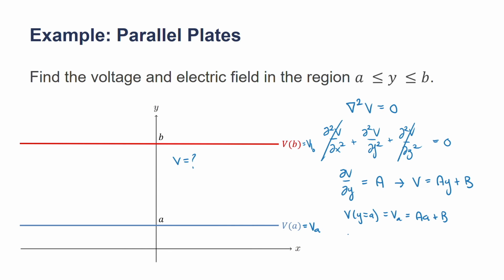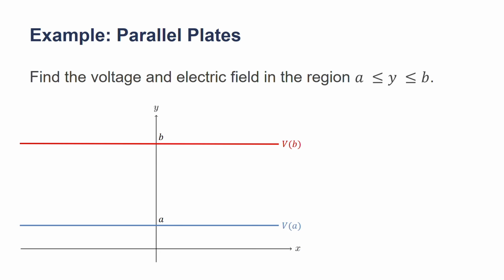But we also know that if we evaluate the voltage at y equals b, this is also equal to V sub b. And this would be equal to A times lowercase b plus B. So now we have two equations and two unknowns, and we can proceed to solve these equations for these constants A and B.